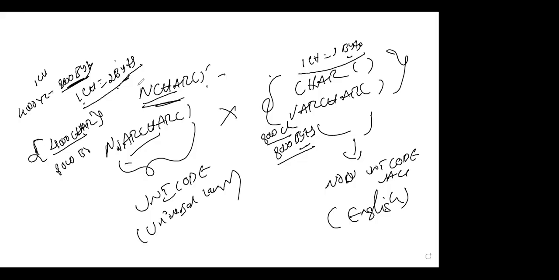NCHAR is a fixed length data type. It can store universal languages including English.